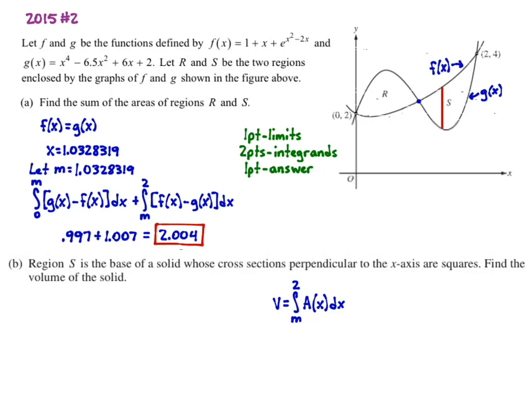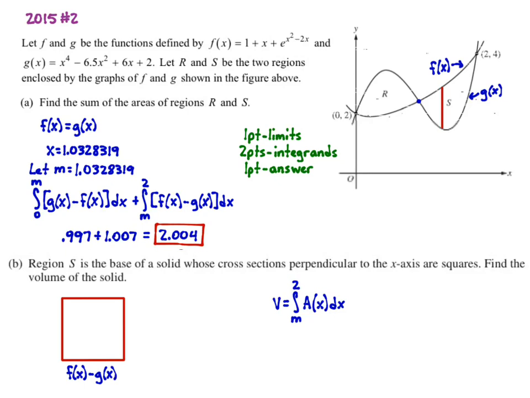Well, we need to figure out the area equation then. It says that the cross sections are squares, so let me draw a square here. The base of the square is this singular line segment here. It's the perpendicular cross section. So how do I figure out this length? I subtract the upper curve minus the lower curve. So this length is going to be f minus g.